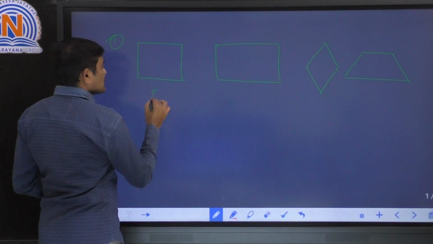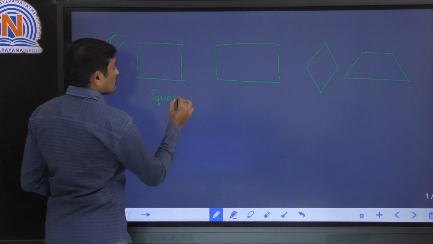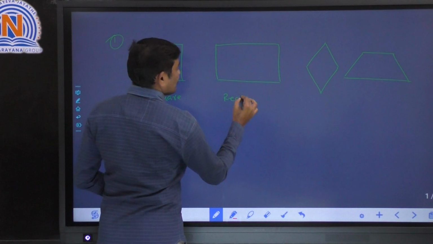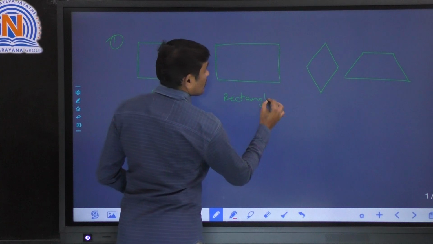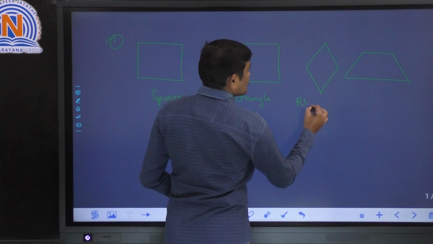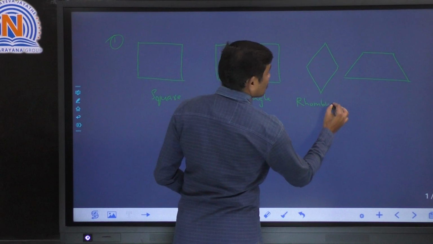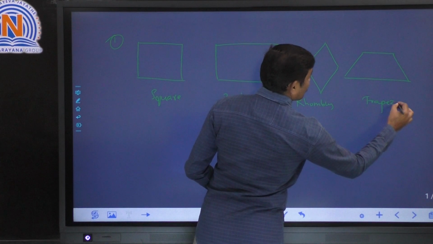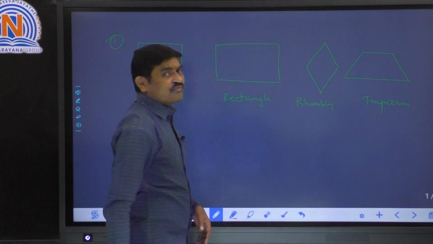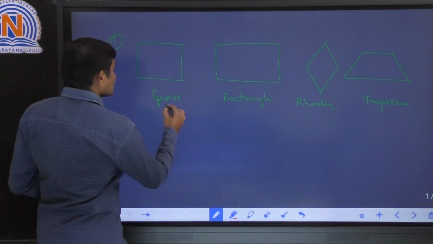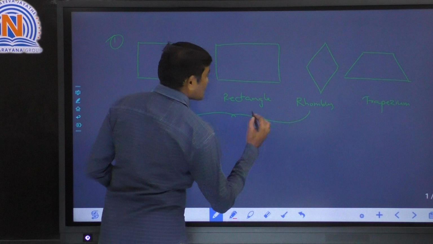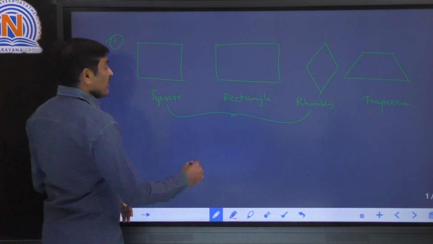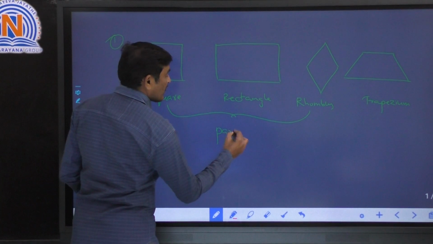This is the square, rectangle, this is the rhombus and this is the trapezium. In these four quadrilaterals, square, rectangle, rhombus, all these three are parallelograms.